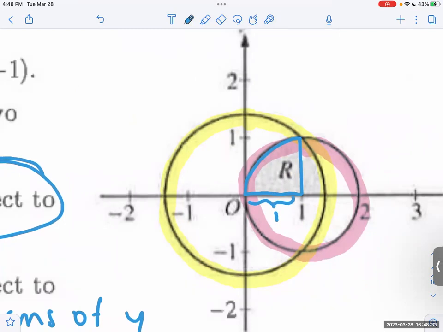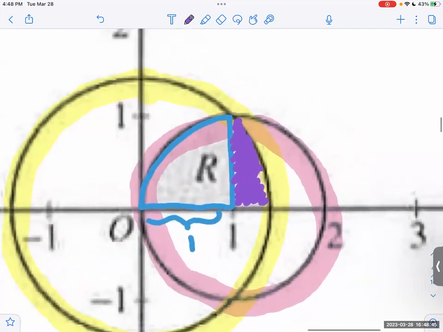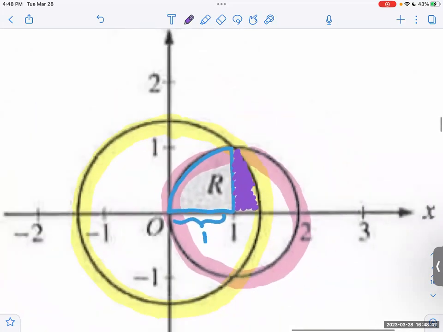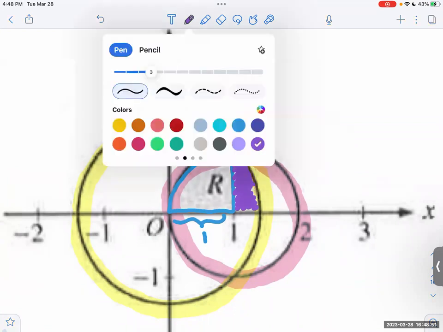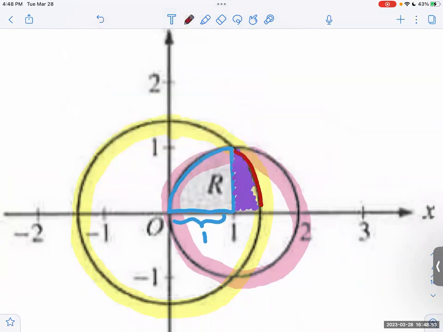What you then need is the other part of the area of region R, which is this part. And that part of it can be found using just this curve here.